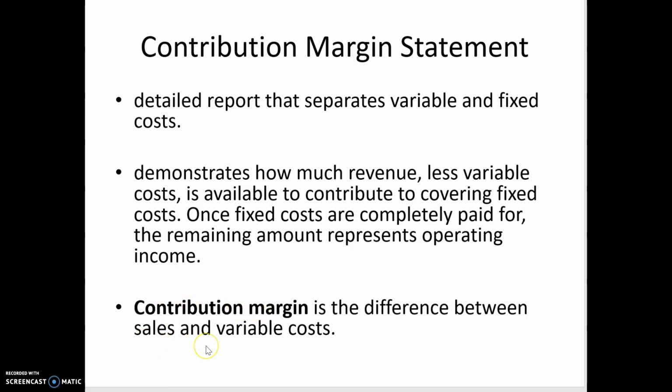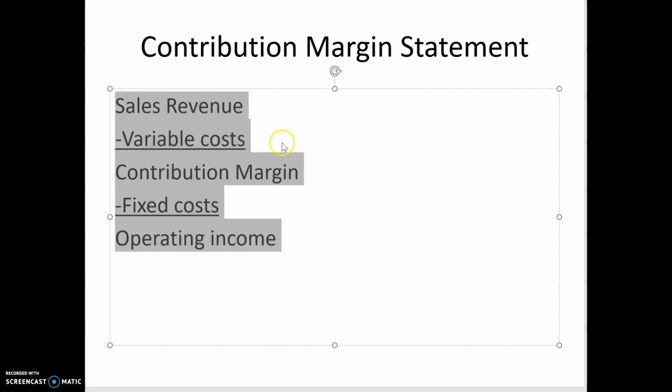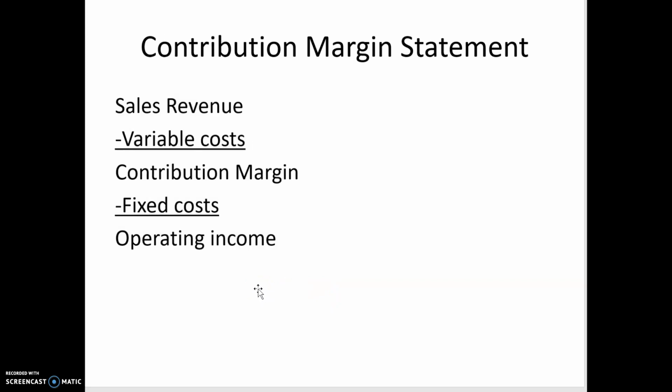We then subtracted fixed costs from contribution margin, and that got us to operating income. So this is what our contribution margin statement looks like, and this is the statement that we're going to be working on for a lot of the things we do in managerial accounting.